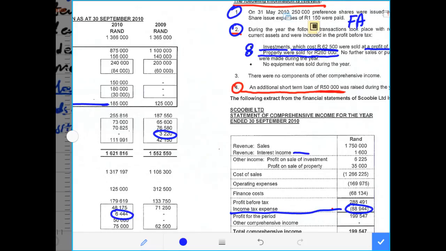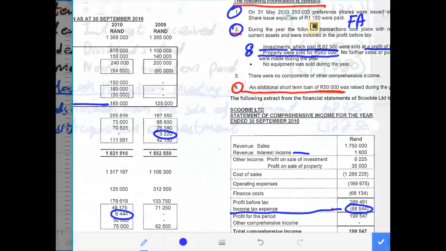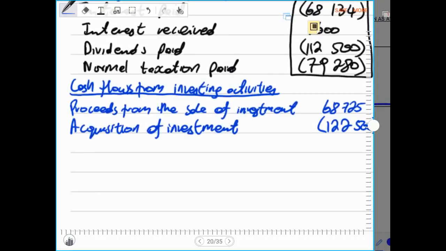That is the money we received on the sale of the property. Let us record that under cash flow as proceeds from sale of property.